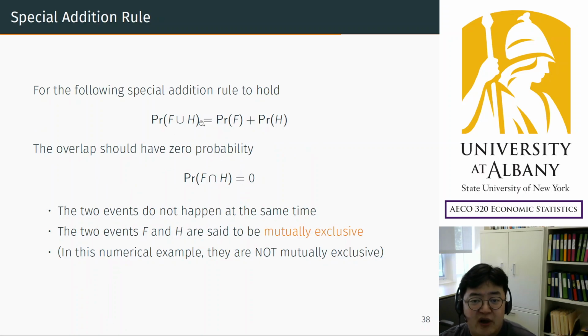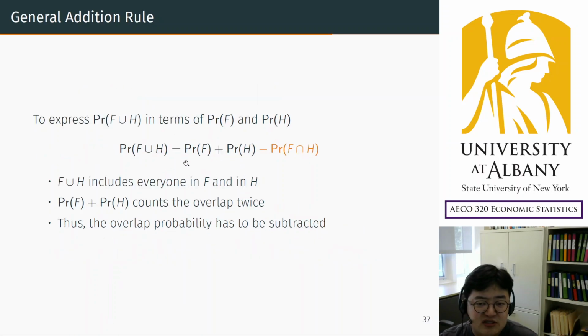So as you see, you need two marginal distributions and something that is related to both of the variables. That is another approach to understand the general addition rule.